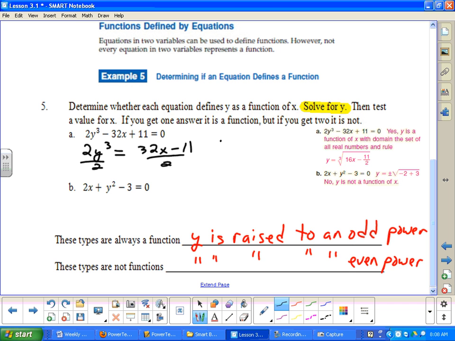So y cubed equals 32x minus 11 over 2. And to find y, then we have to take the cube root. So y would equal the cube root of 32 over 2 is 16x minus, and if you wanted to, you could put 5.5 or 11 halves either way.